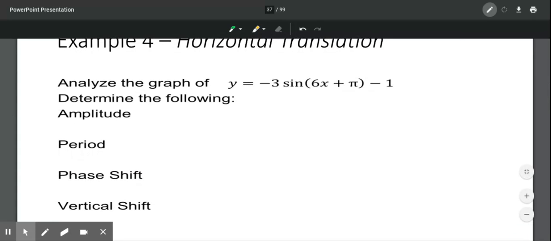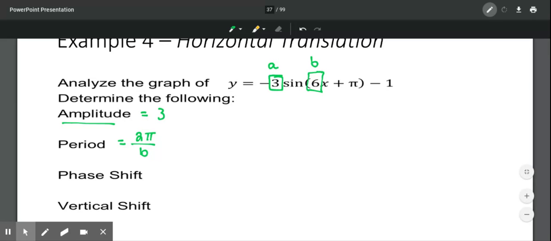So if we look at this, our amplitude is the number in front right here, and it has to be positive. So we'll say our amplitude is 3, right, which means it would stretch it up to positive 3 and down to negative 3. Our period, remember, is 2 pi over B, and the B value is what's right in front of your X. So this is our A. 6 is our B value.